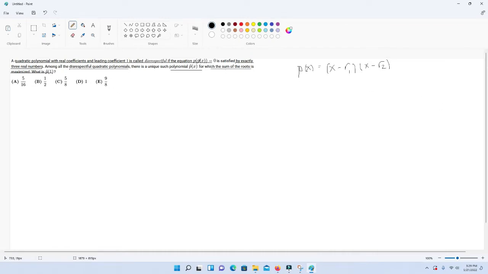If we know that p(p(x)) is equal to 0, then in order for this to work, either the inner part p(x) is equal to r1 or it's equal to r2, right? As subbing both of these values into our initially defined polynomial would give us 0.